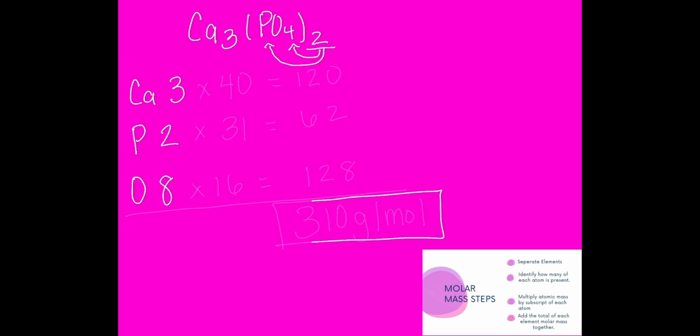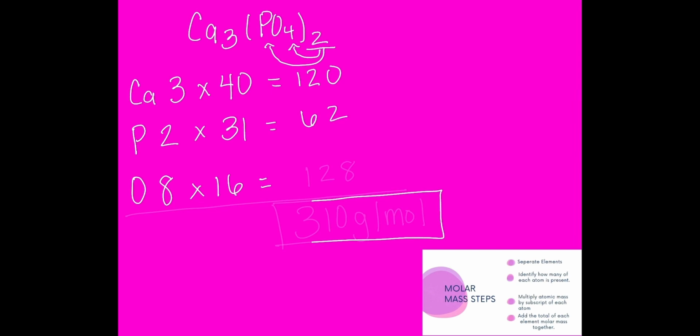Now, I am going to multiply by my atomic mass. My atomic mass for calcium is 40. For phosphorus, it's 31, and for oxygen, it's 16. So 3 times 40 is 120. 2 times 31 is 62.